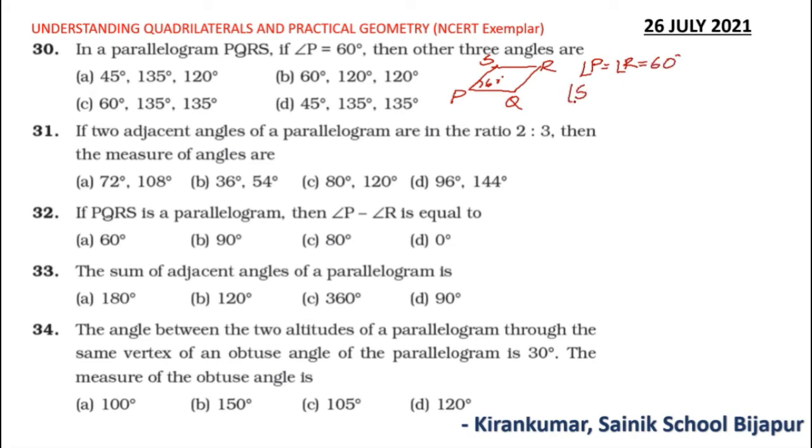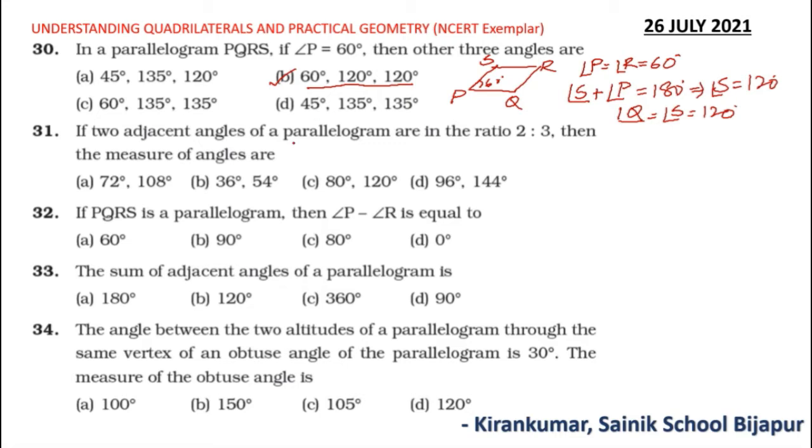The adjacent angles in a parallelogram are co-interior. The sum of angle S plus angle P is 180. So we get angle S as 180 minus 60, which is 120 degree. Then opposite angles Q and S are equal, 120 degree. So the angles are 60, 120 and 120. Option B is the right answer. This is how you have to crack the answer.